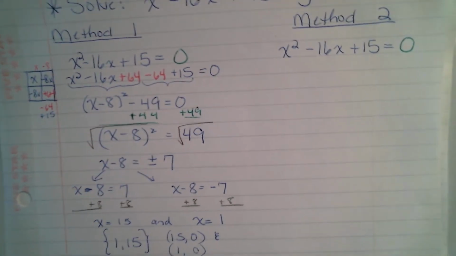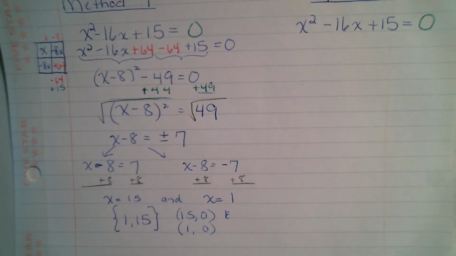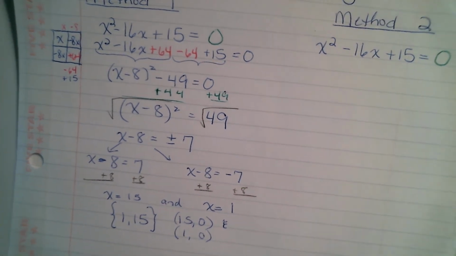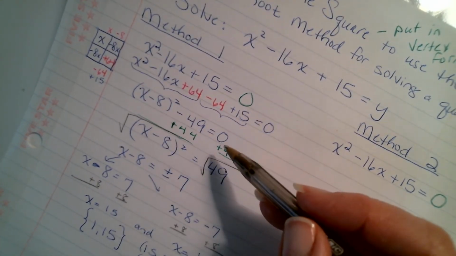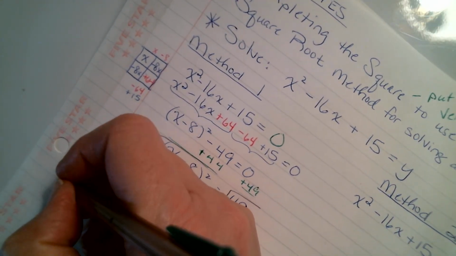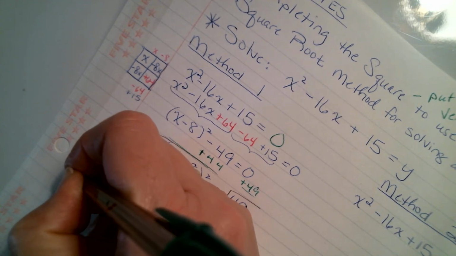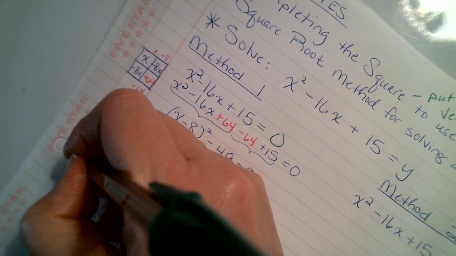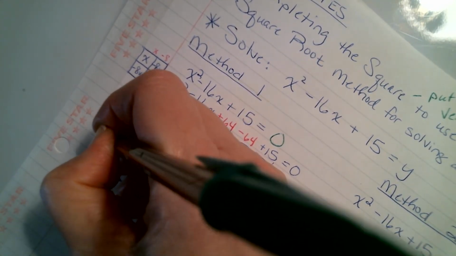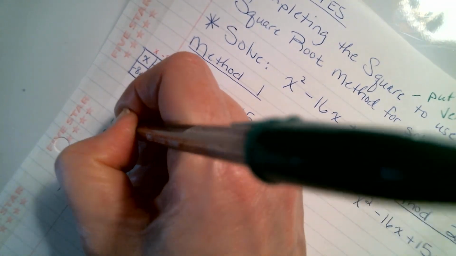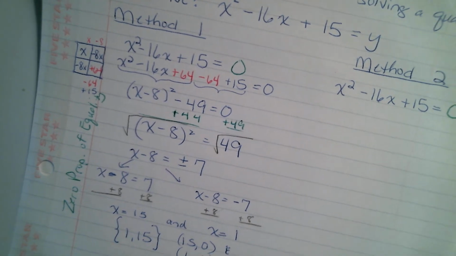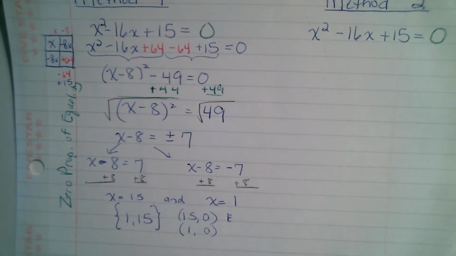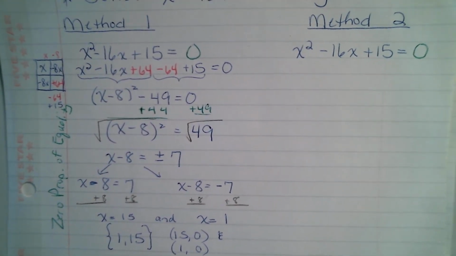Now, what we're using here, this part right here, is called the zero property of equality. That if I add 0, I don't change something's equality. So that's the first method, right?